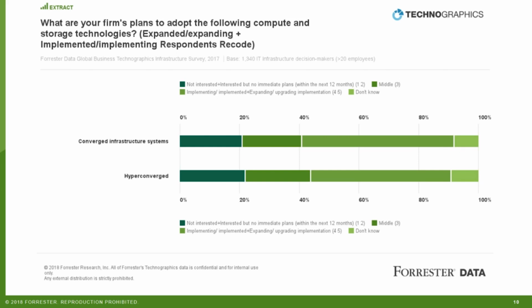There are a small number that are not interested with no immediate plans, but these tend to be smaller enterprises. The larger enterprises, generally speaking, are doubling down on their existing investments. So it's no longer an environment that people are just looking at and saying, well, we should probably use this for a couple applications. But now let's move as many applications as possible to hyperconverged.